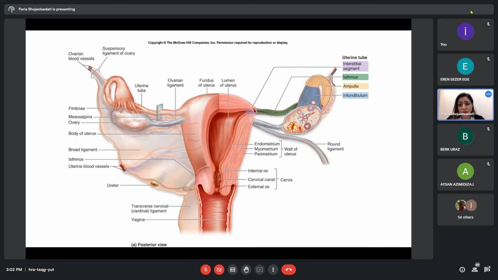In some references, it is named the ampulla. The last part is the infundibulum. You can see the ovulation of the ovum from the ovary in this photo.